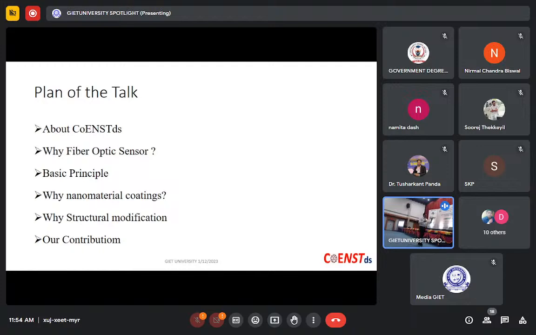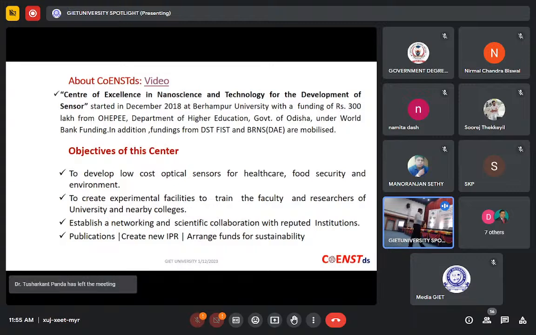I will take some time to explain about my center, and then we will see why we do research in fiber optic sensors and the basic principle, why nanomaterial coatings are used, why the structural modification is made, and finally what important contributions we have made in this fiber optic sensor.